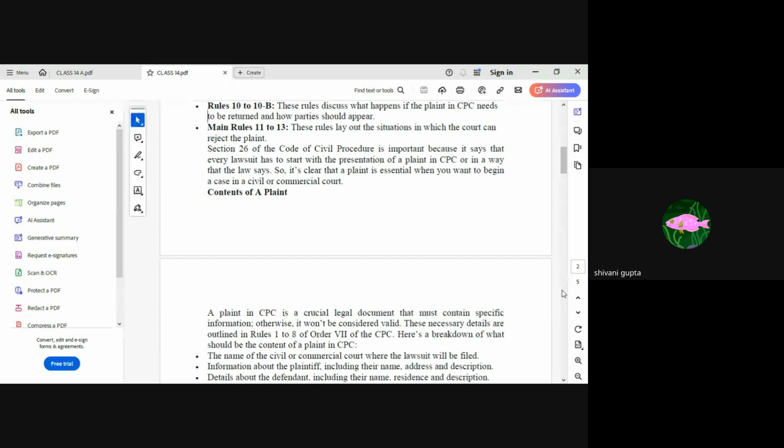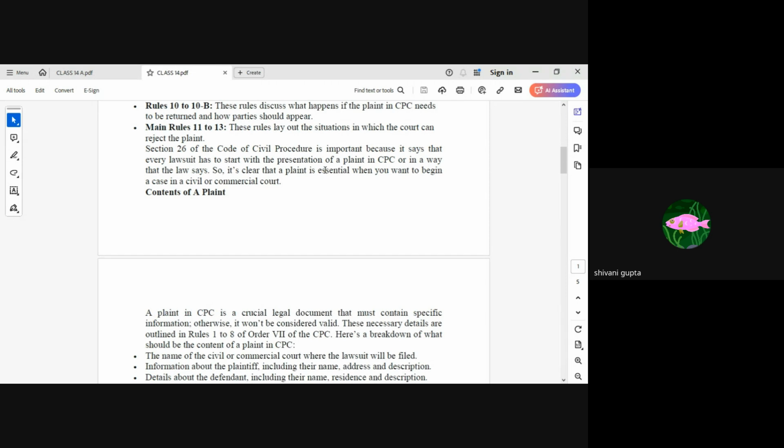Now comes another thing, rules number 11 to 13. These rules lay out the situations in which the court rejects the plaint. Rejection of the plaint depends upon the facts, like the plaint is not prepared as per rules 1 to 8, or even after the court asks for changes as per rules 10, 10A and 10B, the parties did not appropriately make the aforesaid changes.